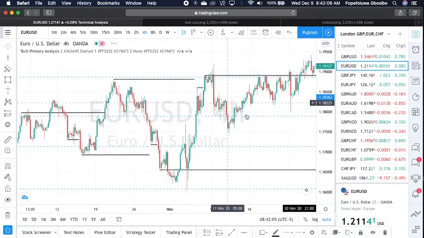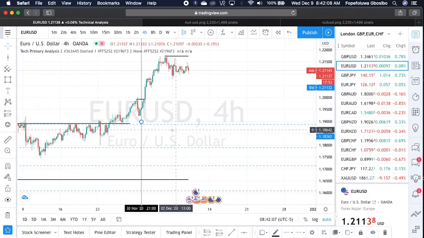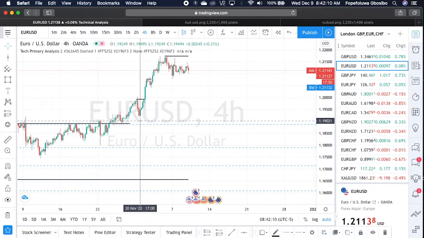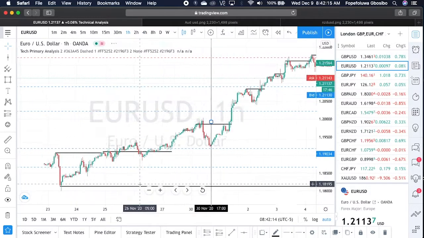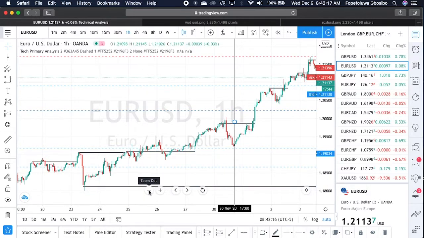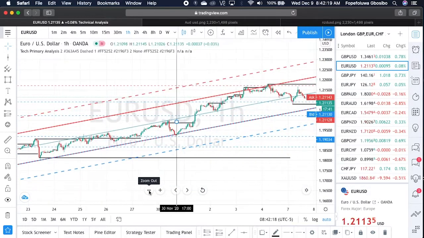You come to the 4 hour, you see what it's doing around this point. Okay, and as you can see, when it touches the main on the 4 hour, it touches the main on the 1 hour. So ideally, you can either just follow your principle and take it on the 1 hour, or you could take it on the 4 hour. It doesn't matter. We're still going to do the same thing.